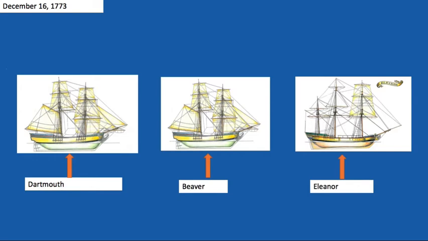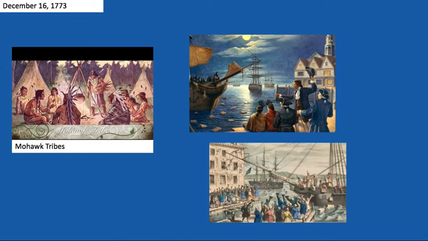On December 16, 1773, there were 3 British ships exporting tea to the city of Boston. They were the Dartmouth, the Beaver, and the Eleanor. On the same day, some of the Sons of Liberty and American colonists were waiting for the British ships to come.